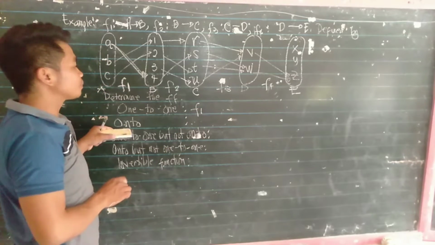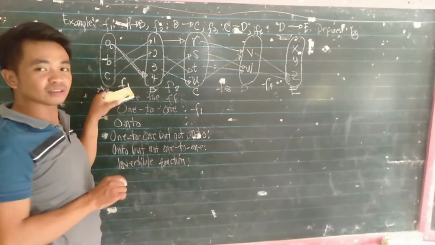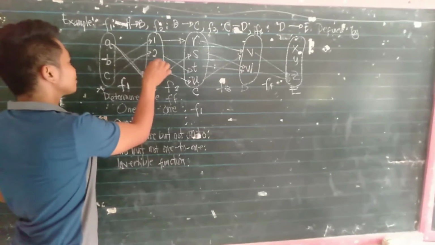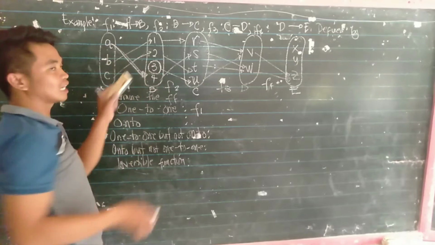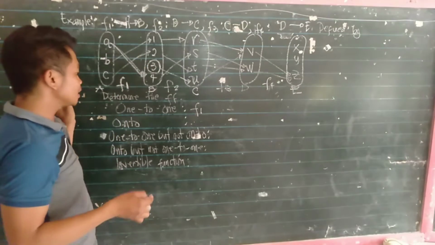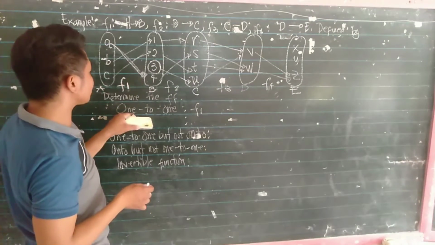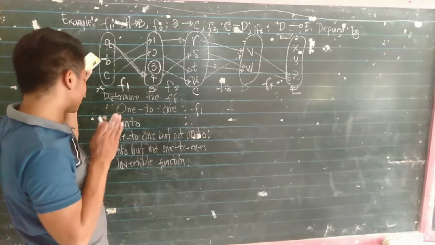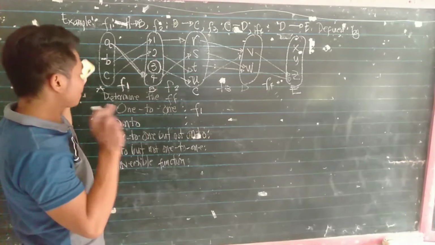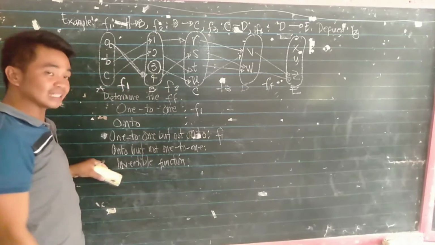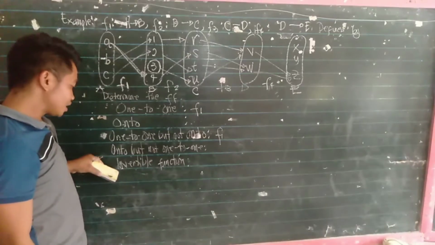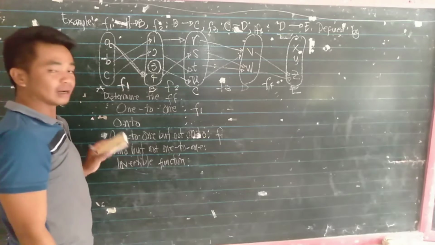How about onto? Function sub 1 is not an onto function because there is an element in B which has no preimage. So it is only a one-to-one but not onto function. It is neither an invertible function.